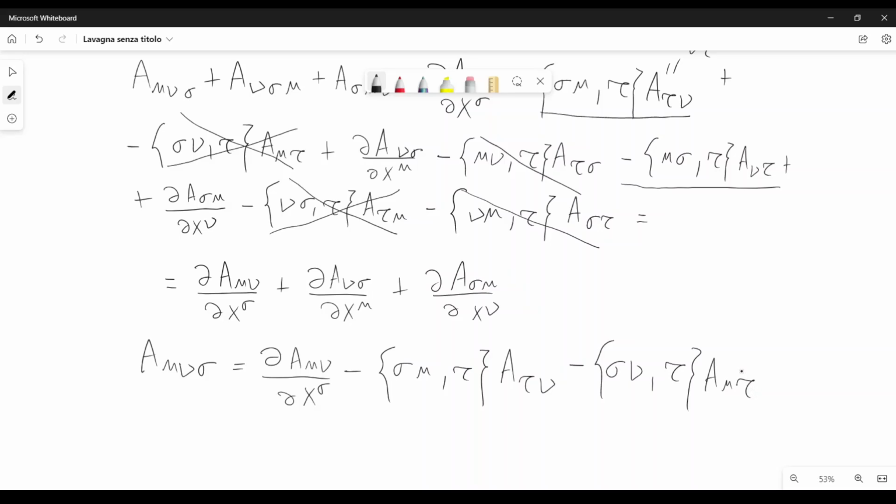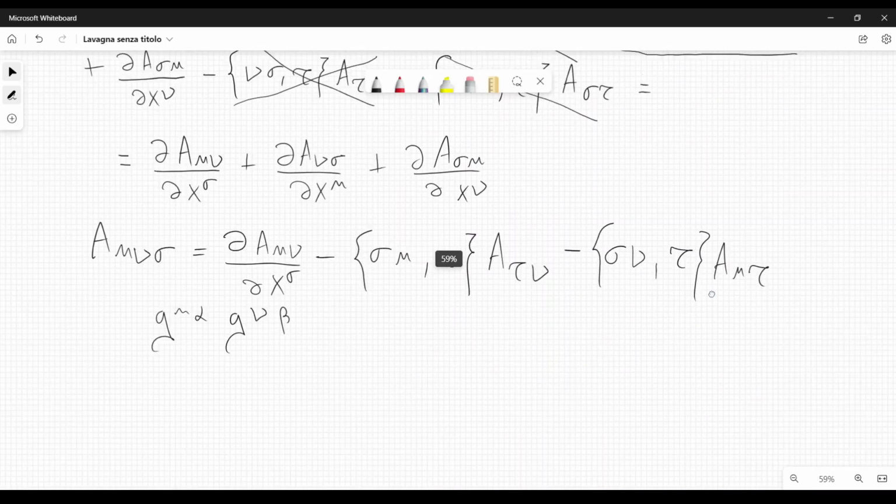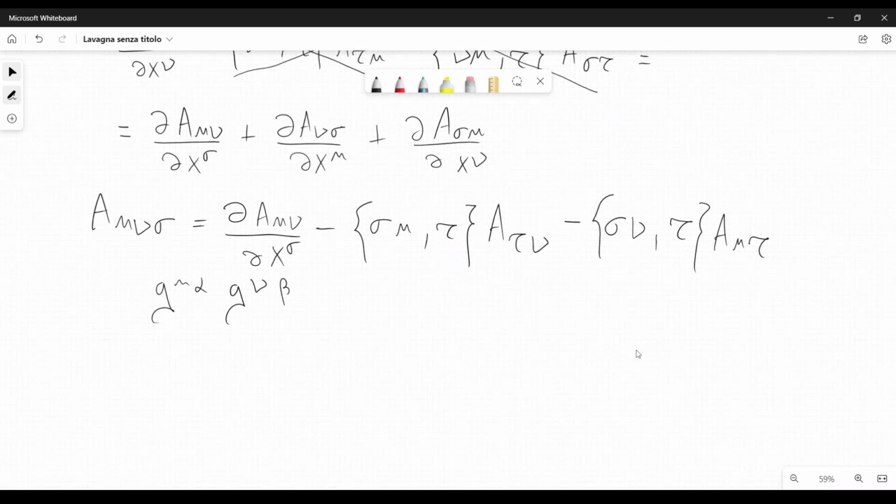Now we are going to multiply both sides of this equation by g^{μα} times g^{νβ}. On the left, we can simply define another tensor A^{αβ}_σ, because we are multiplying by these two tensors.